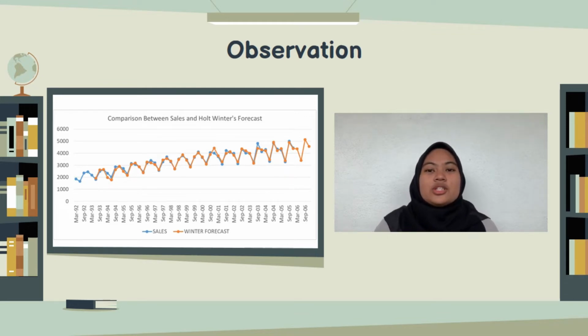In September 2003, the second last quarter of 2003, the sales were more than the winter forecast. At December 2000, the winter forecast is more than the sales shown in the graph. In other words, the data patterns are trendy and seasonal. Therefore, Holt-Winters exponential smoothing can be considered the most suitable prediction method for this data pattern. That's all from me. I will pass the next part to my friend.